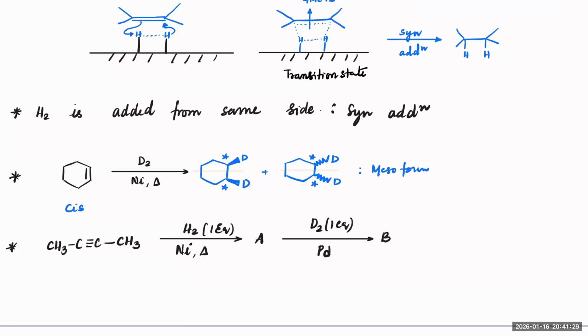Since it's a meso form, this one and this one count as the same molecule. So this is one and the same product because they are superimposable. Clear?